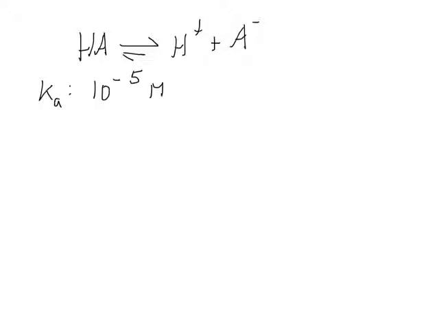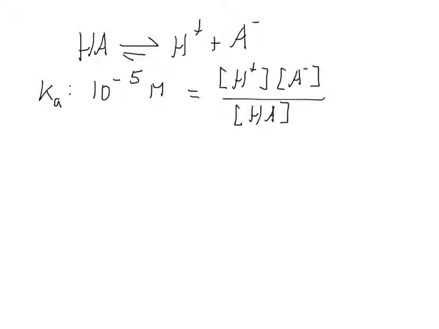So this means that we have H plus times A minus divided by HA, and all is in the equilibrium, and that is 10 to the minus 5 molar. So that means we have just a little bit of that, but most of it is in this form here.